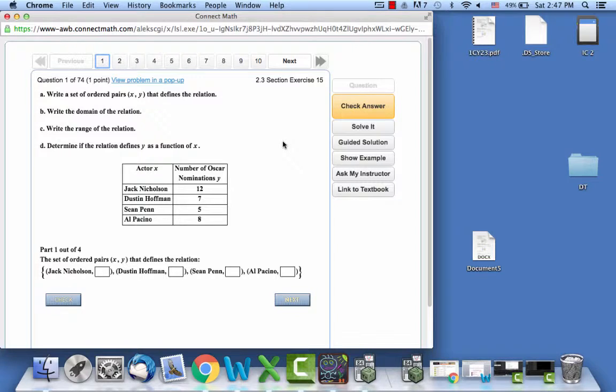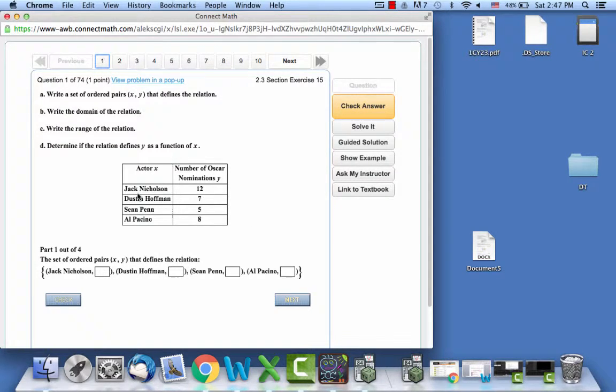So coming back over here, this relation is: write a set of ordered pairs that defines this relation, write the domain, and then write the range. So domain and range work the same way with a relation as they do with a function. The set of first elements is the domain, the set of second elements is the range. And then we're trying to determine if this is a function.